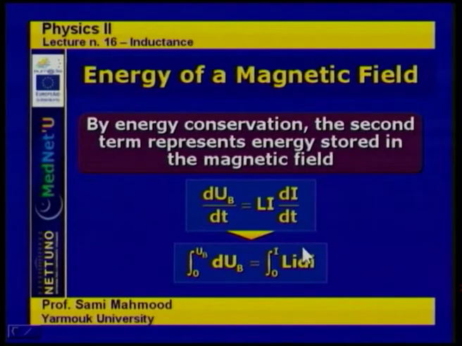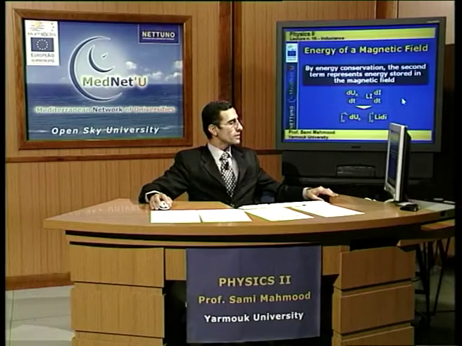We can integrate this to obtain the total energy stored in the inductor, from 0 to the final point at which the current flowing is I. The energy U_B is equal to the integral from 0 to I of L I dI.